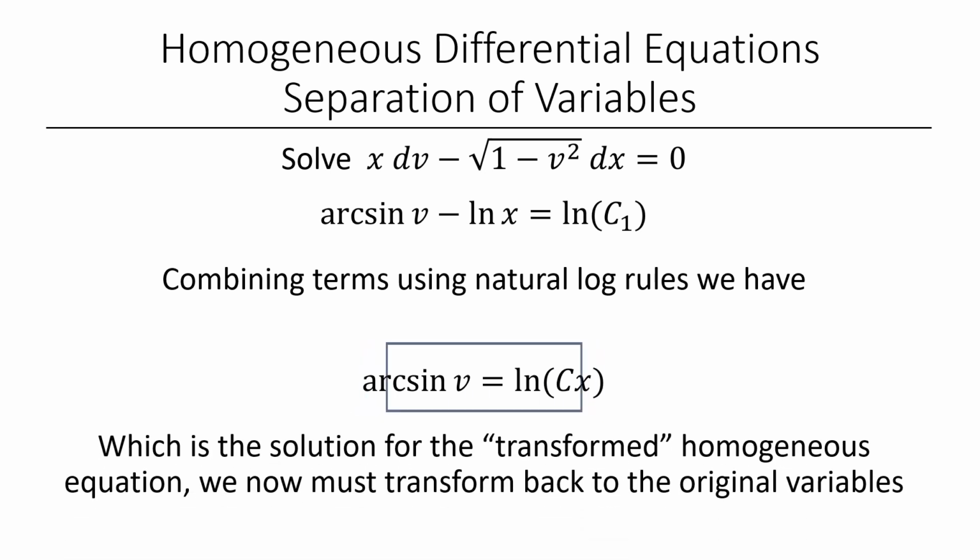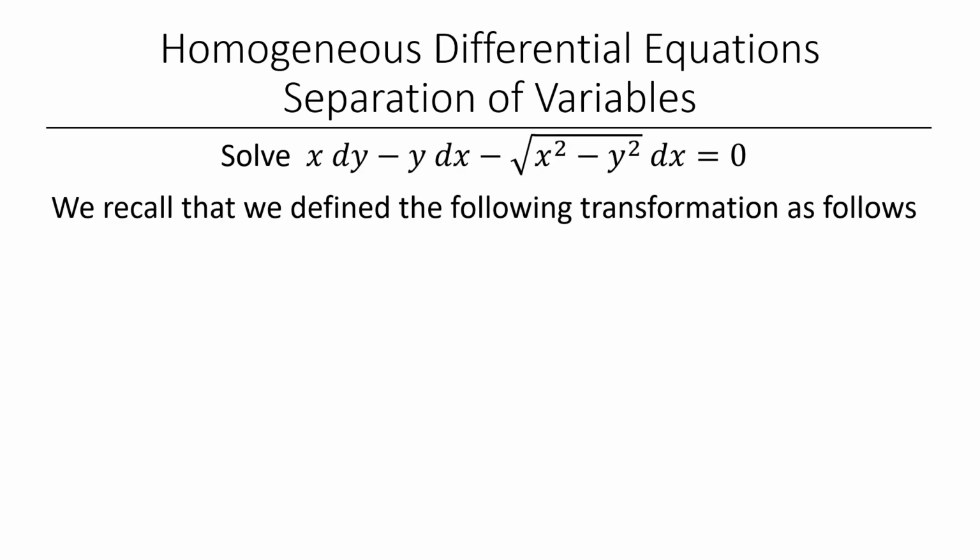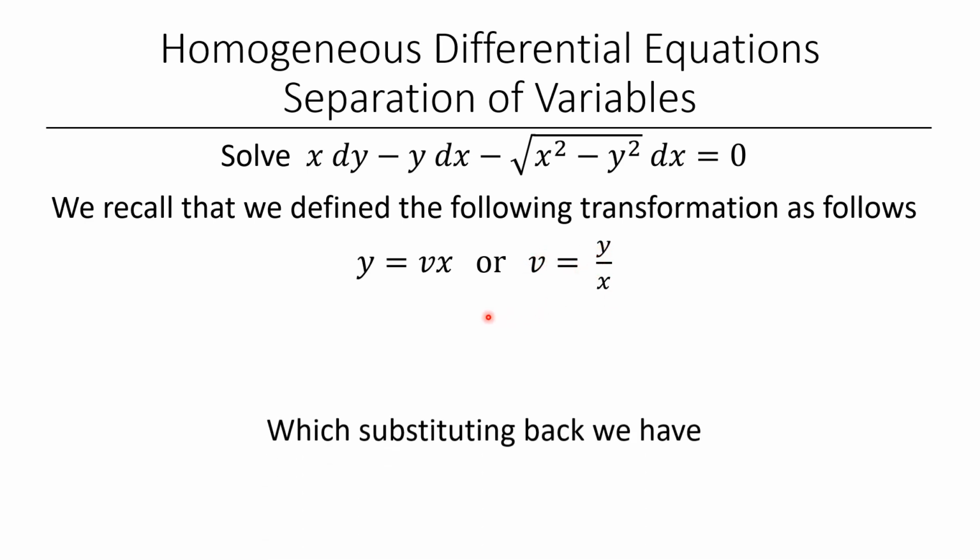But we need to remember that this is just the solution to our transformed equation. We want to get back to our original equation with the original variables, so we'll have to transform this back. So we recall that we did our transform by setting y equals vx. So in order to transform it back, we're going to have to solve for v, which gives us y over x.